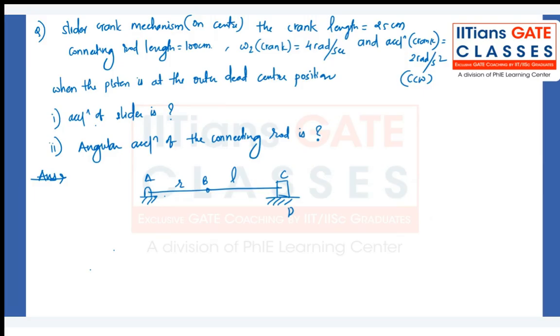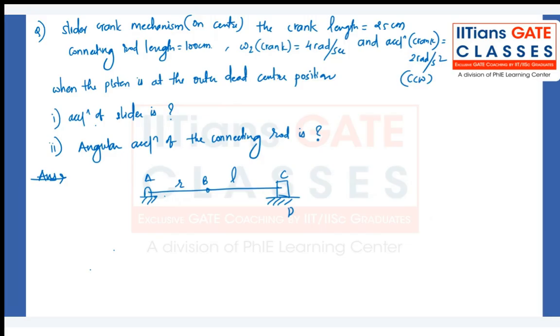Omega 2 is known to you, and the angular acceleration of the crank alpha is also given. When the piston is at the outer dead center, it means one of the extreme positions. They are asking about the acceleration of the slider for this position, and also the angular acceleration of the connecting rod.